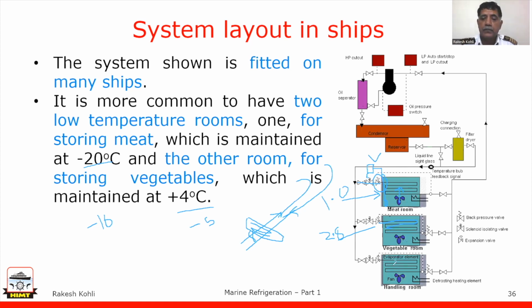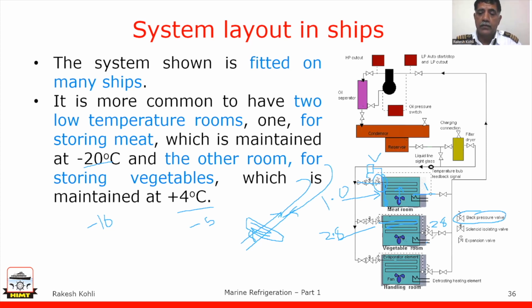Okay. So now this is how it happens up to here. After this, what happens is, now we spoke that this meat room is at about 1 bar pressure, and this is about 2.8 bar pressure. So what happens is, here to maintain a higher pressure, we have something called a back pressure valve.